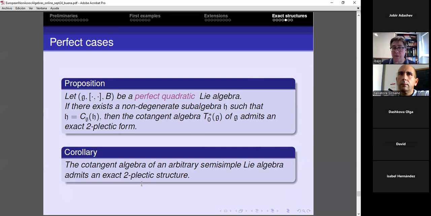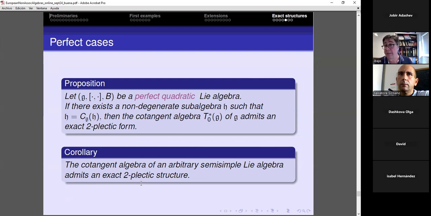And I have to mention here that, if you remember, when one has a perfect quadratic Lie algebra, the first example of a two-plectic structure that we constructed was B of the bracket of X, Y, Z, right?